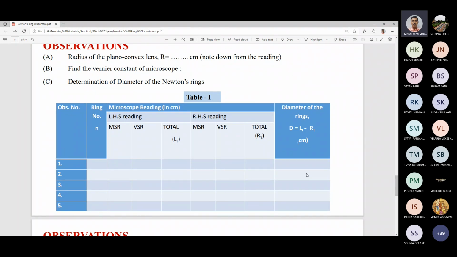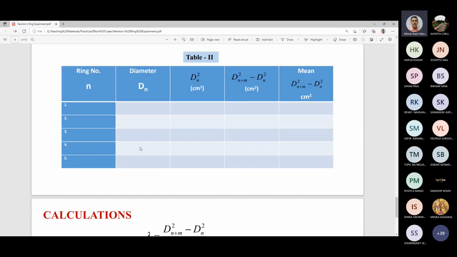Like this way you will complete this table. Then you put this value here. These differences are the diameters, and the ring numbers are 2, 3, 4, 5, 6. And this is the diameter of the second ring, third ring, fourth ring, fifth ring, sixth ring.